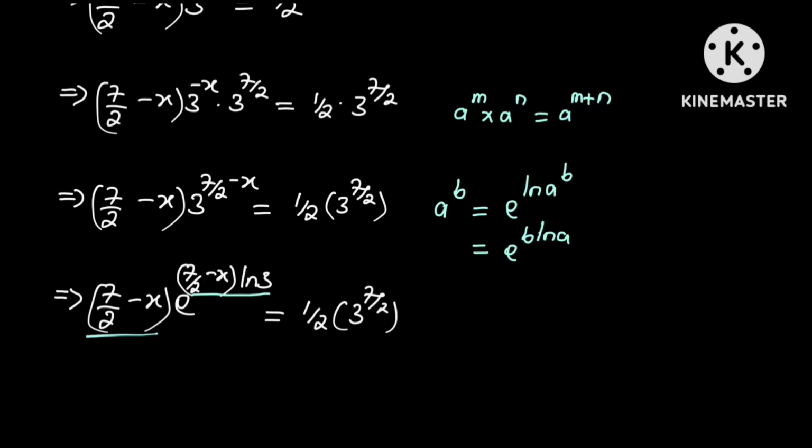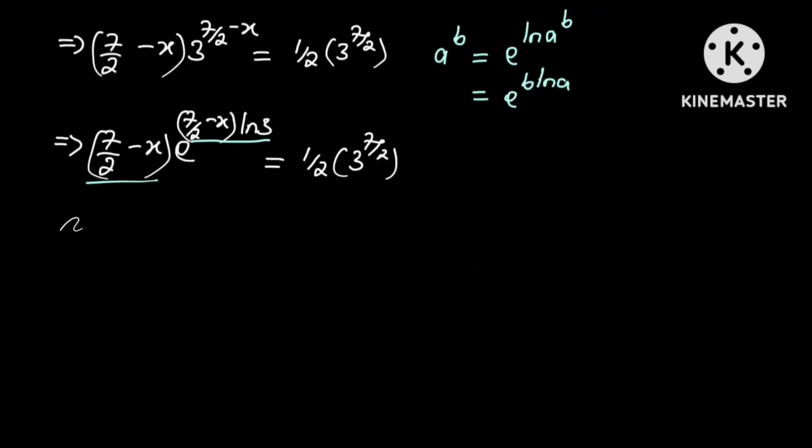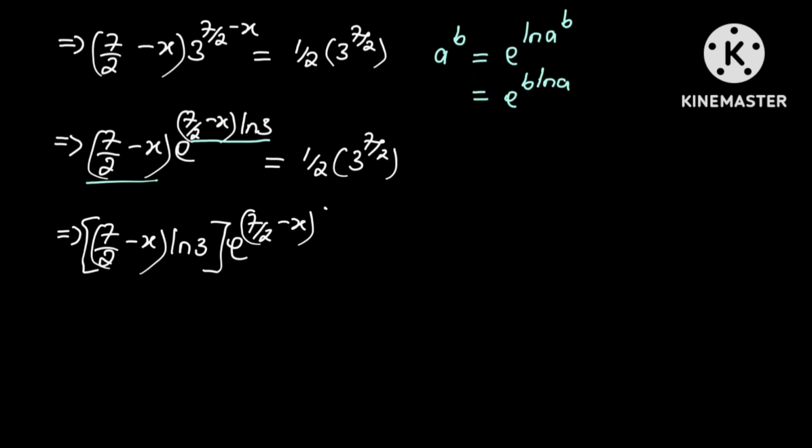And so if we multiply both sides by ln 3, we are going to obtain 7 on 2 minus x times ln 3, all this multiplied by e raised to the power 7 on 2 minus x times ln 3 is equal to a half times 3 raised to the power 7 on 2 multiplied by ln 3.